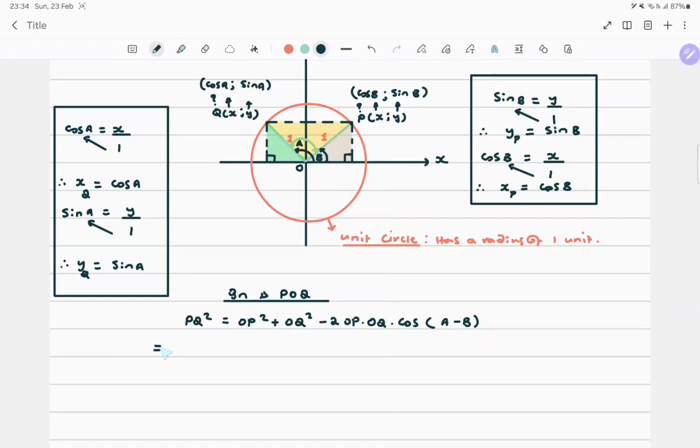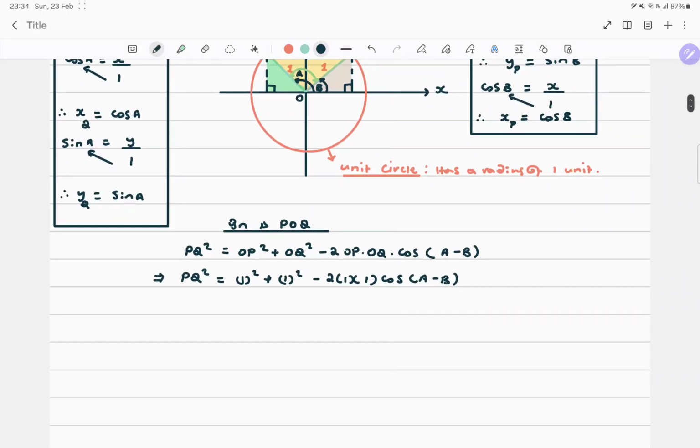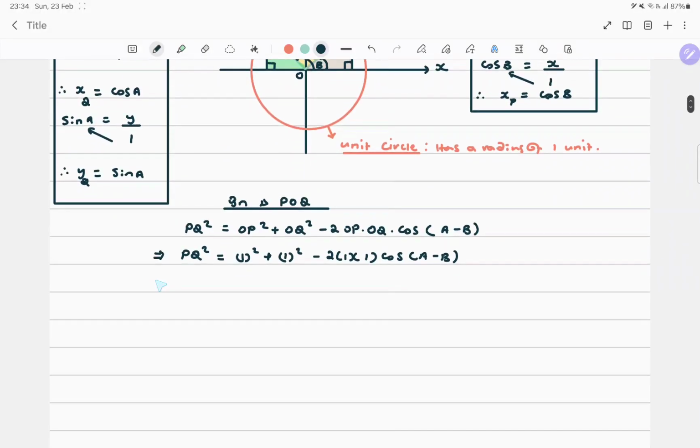So this implies that PQ squared is 1 squared plus 1 squared minus 2 into 1 times cos of angle A minus angle B. Now we continue.